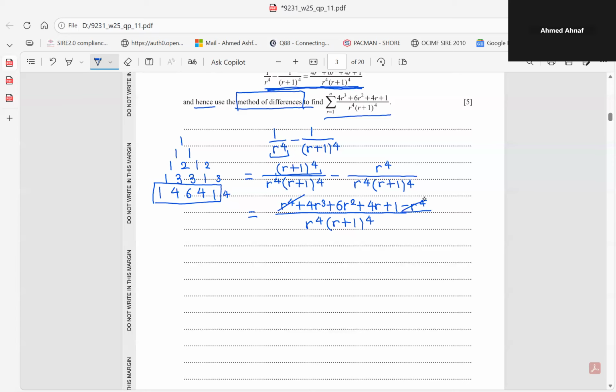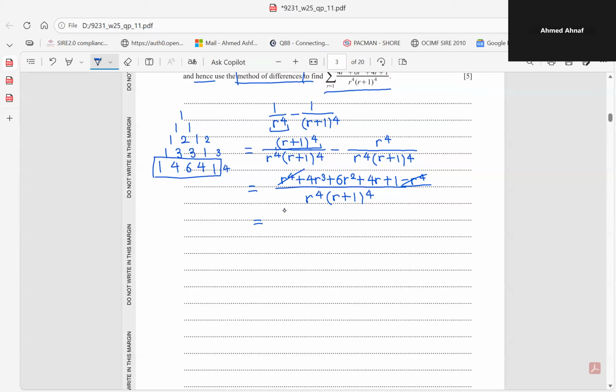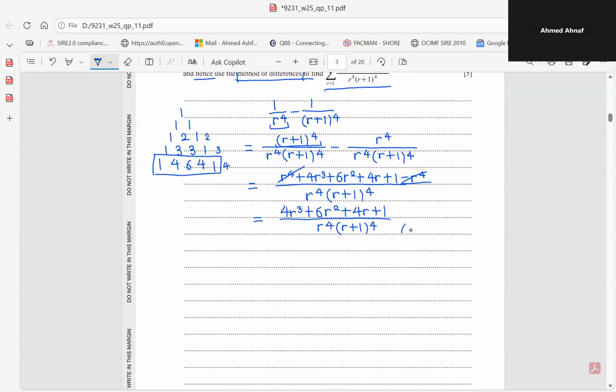So the r to the power 4 terms cancel out, and you will just end up with 4r cubed plus 6r squared plus 4r plus 1 over r to the power 4 times r plus 1 to the power of 4. Yep, that's the exact result that they give us. So we can write 'shown' in here to conclude our first part.